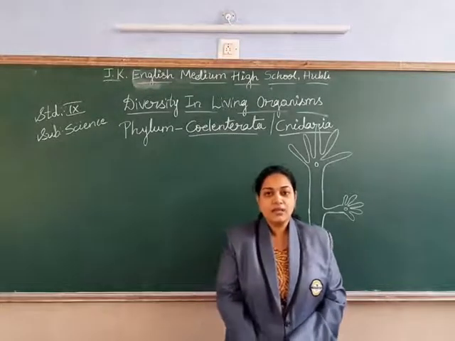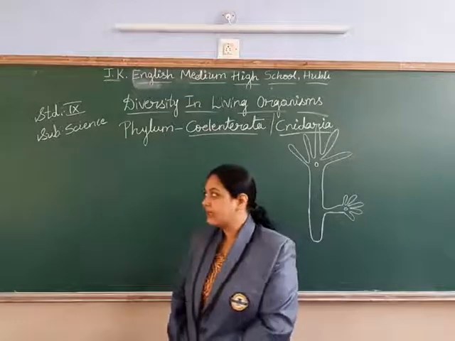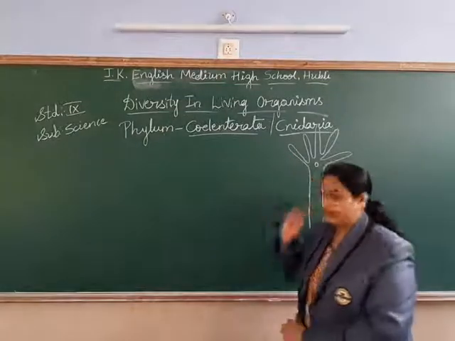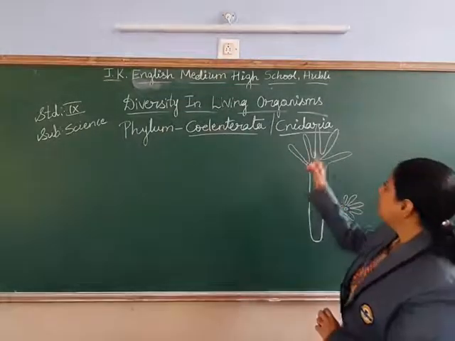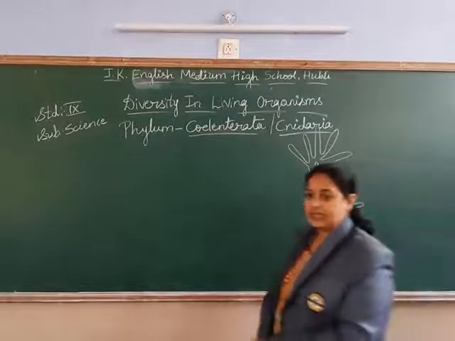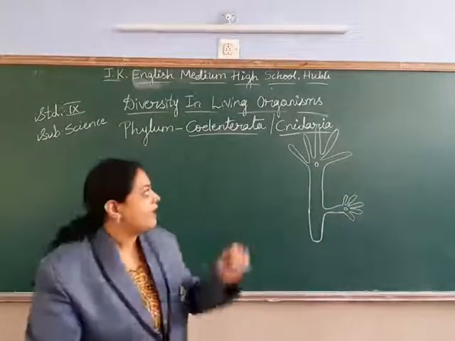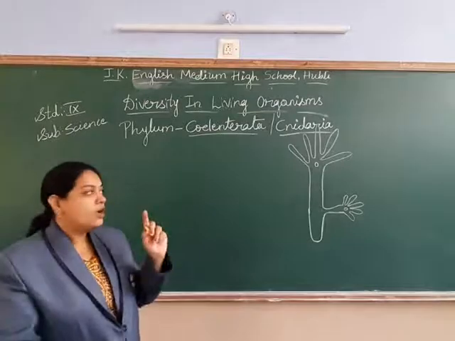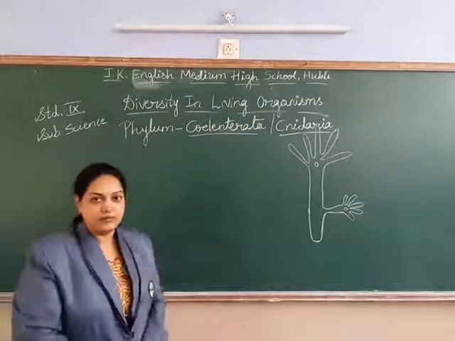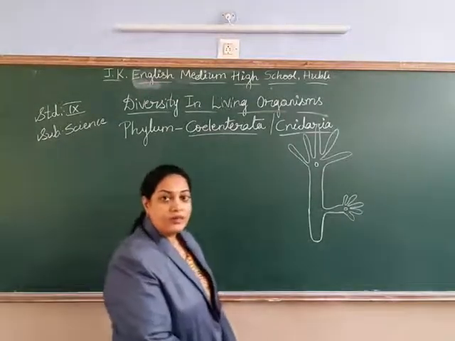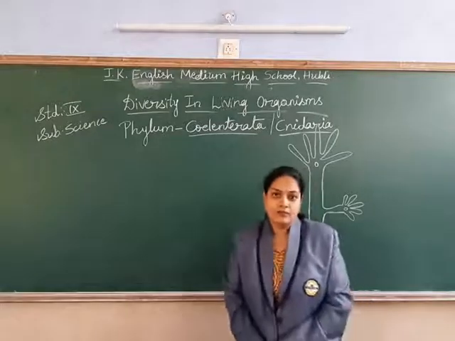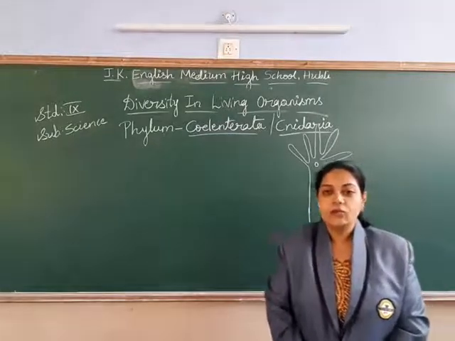So let us study the second phylum, that is phylum Coelenterata or Cnidaria. C is silent, students. C-N-I-D-A-R-I-A, Cnidaria or Coelenterata. So where do we find this Coelenterata? We find them in the water.